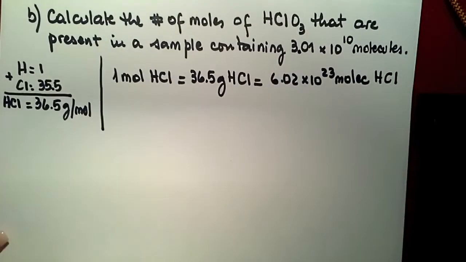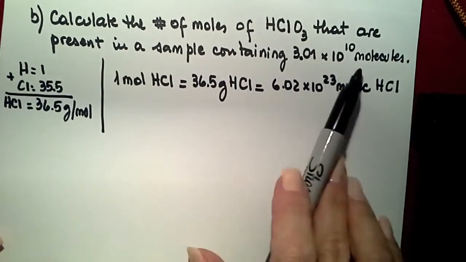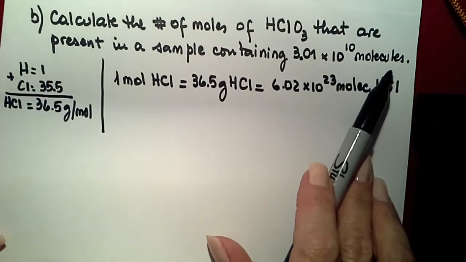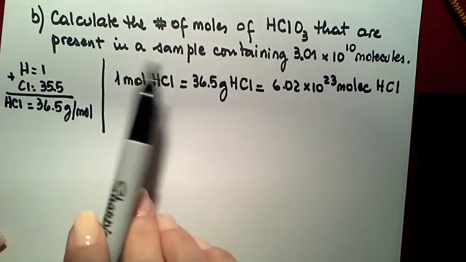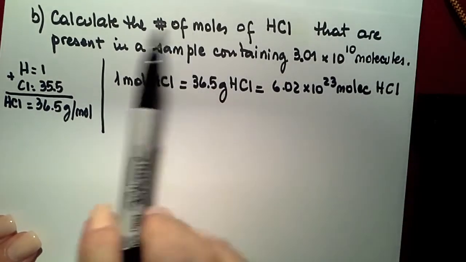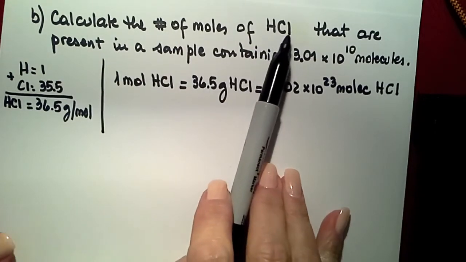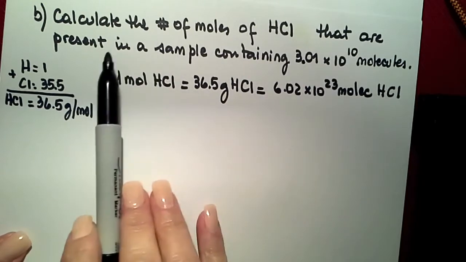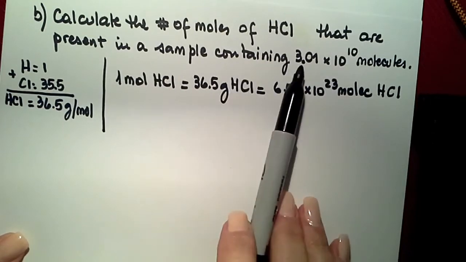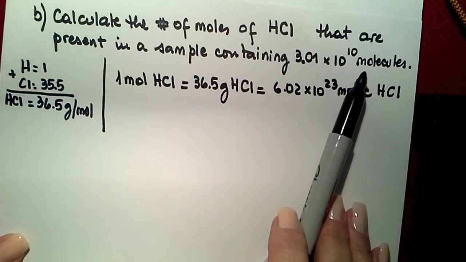In the second example, for calculating the number of moles, we are going to talk about the number of molecules present. So, the first thing is, it says that we need to calculate the number of moles of chlorhydric acid or hydrochloric acid that are present in a sample containing 3.01 times 10 to the 10th molecules.